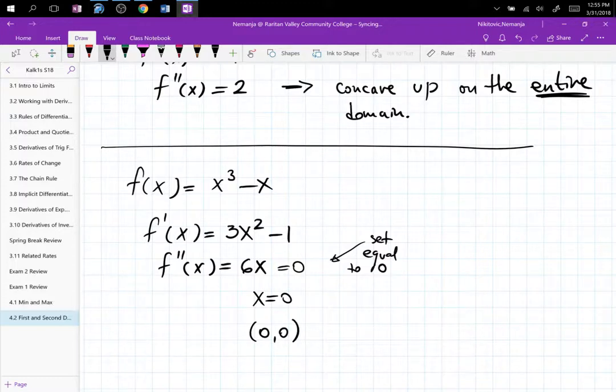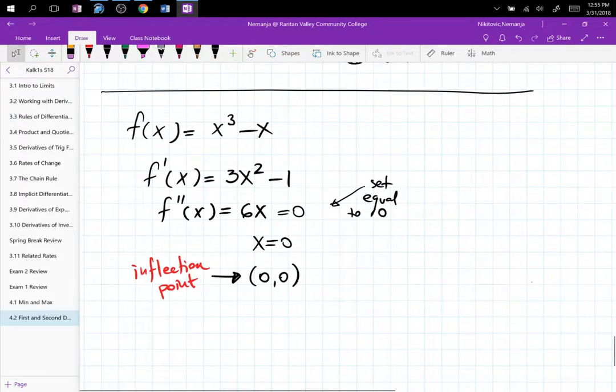This point is known as the inflection point. What is the definition of an inflection point? It changes concavity. So critical points change from increase into decrease and the other way. The inflection points change concavity.